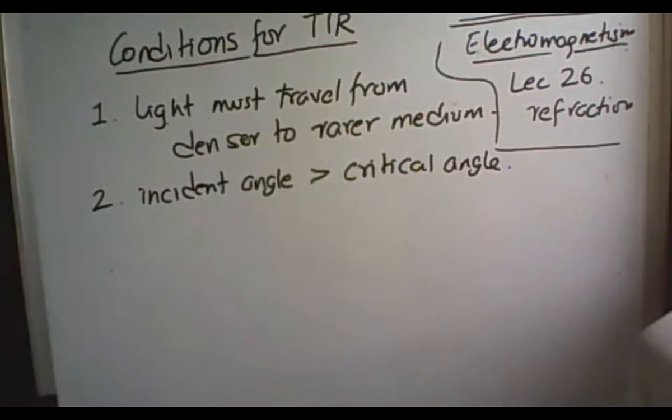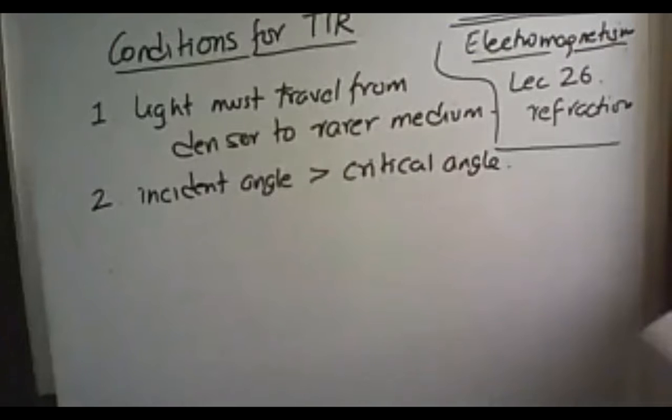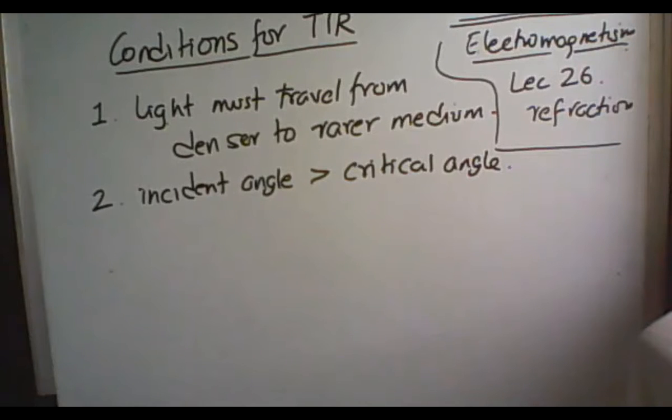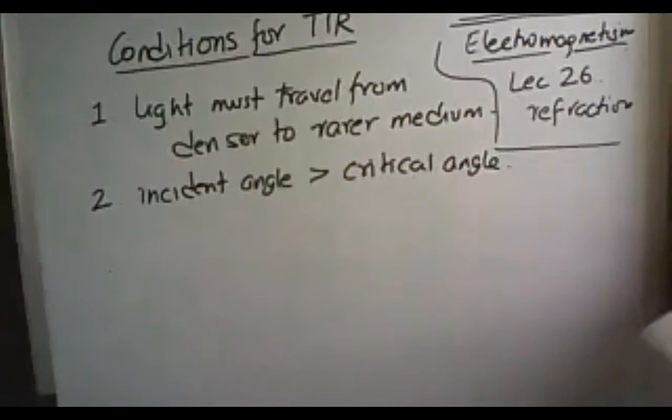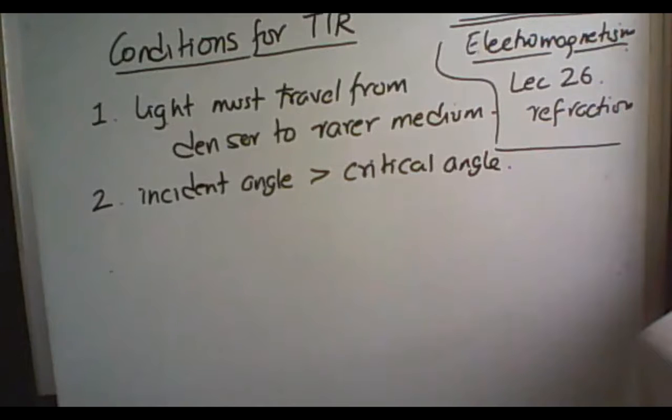If the angle of incidence on the boundary between the two media, from the denser medium to the rarer medium, is lesser than the critical angle, or even at the critical angle, there is not going to be any total internal reflection taking place. So the critical angle has to be exceeded in order for total internal reflection to take place.